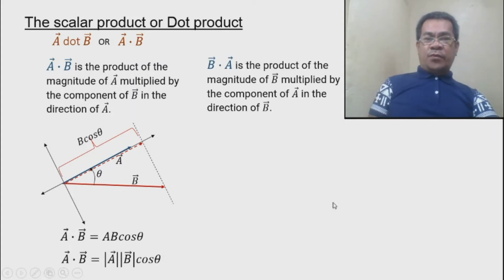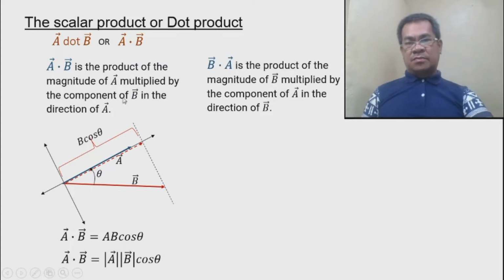Now, what will happen if we reverse that product? Suppose you are asked to find b dot a, reversing this dot product. The a dot b results in this one. What about b dot a? What is the meaning of b dot a? The b dot a means the product of the magnitude of b. Take note of the difference, because we are concerned with b dot a.